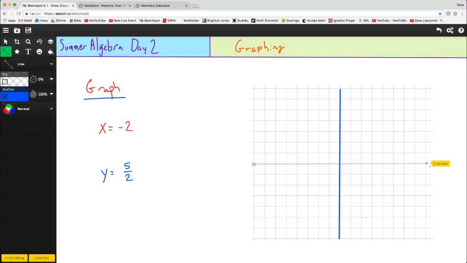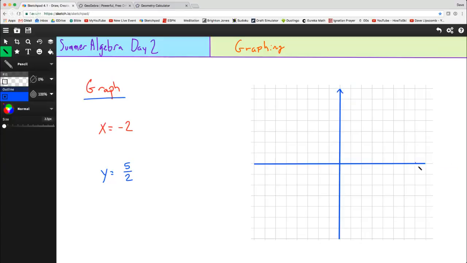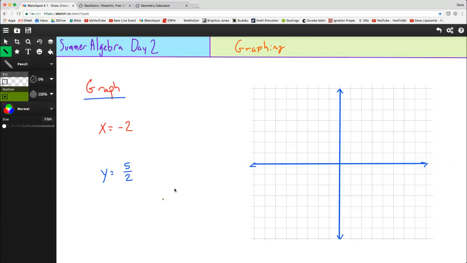Let's do it nice and flat. And let's draw our axes, or our arrows. These indicate that the graph goes on forever in each direction. I can't draw the whole thing, so I just represent that if I could, it would go off in that direction forever. Okay, now we want to graph x is -2.